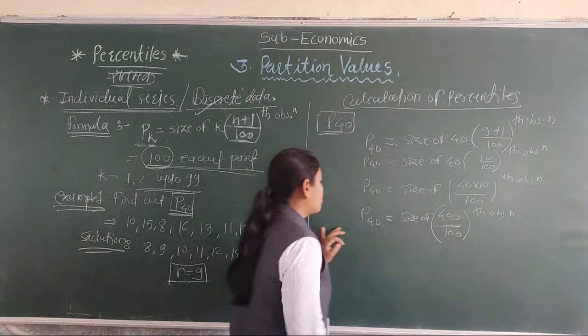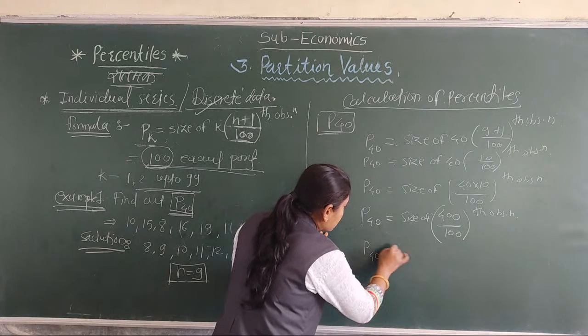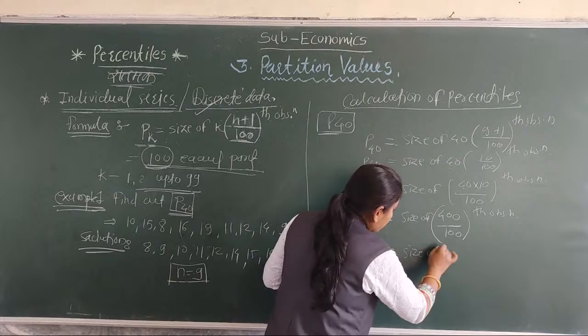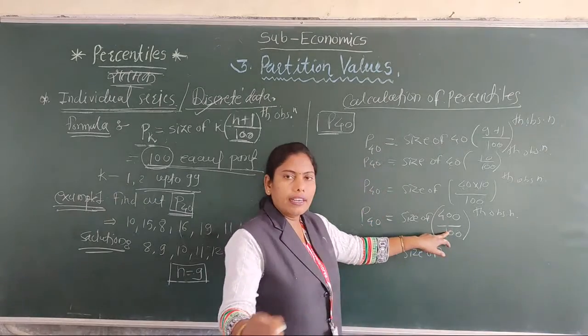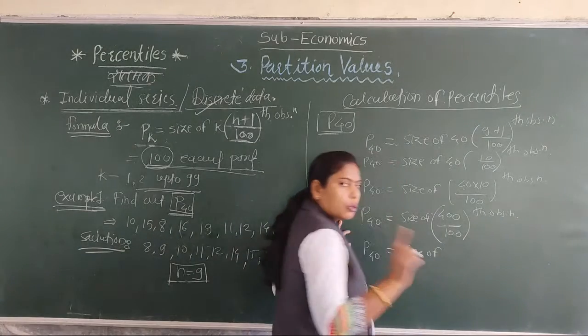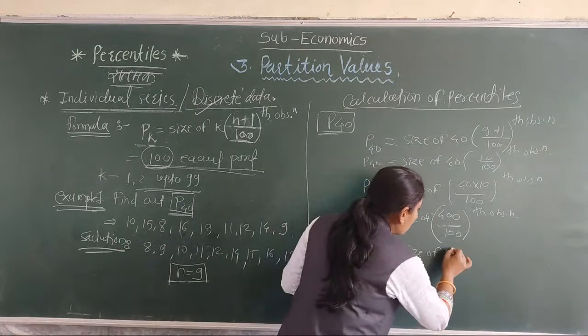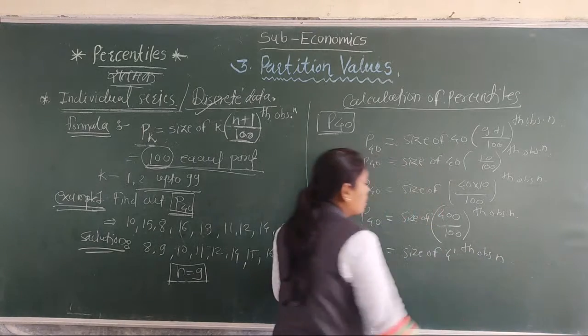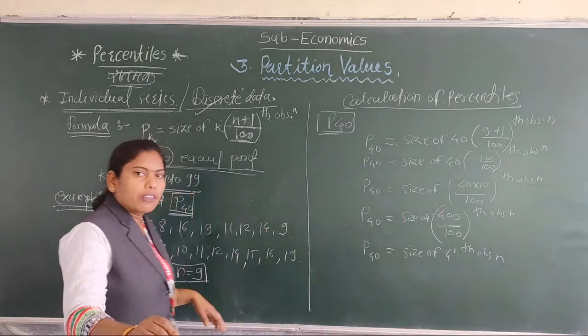Then 400 divided by 100 is equal to 4, so the 4th observation.